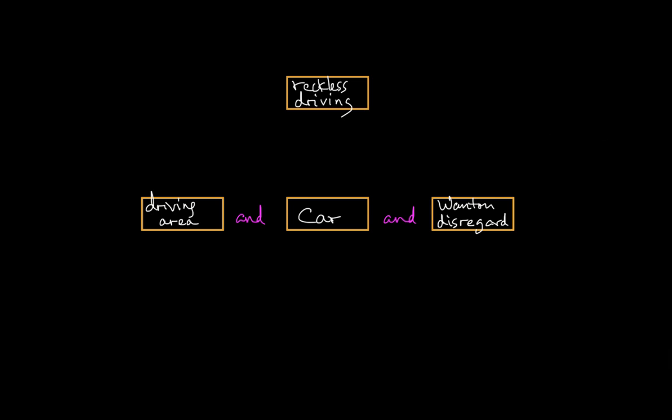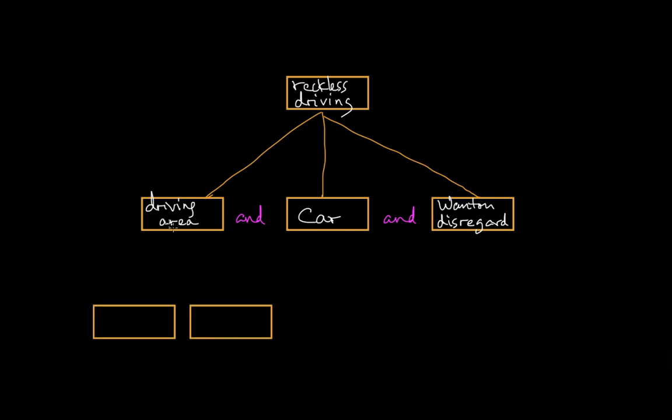We need all of these elements to be established to satisfy reckless driving. So let's draw our solid lines here to remind us that we have to satisfy all of these elements to establish reckless driving. But we can do more. Let's say that the driving areas, those designated driving areas, include a public road, and they also include parking lots.